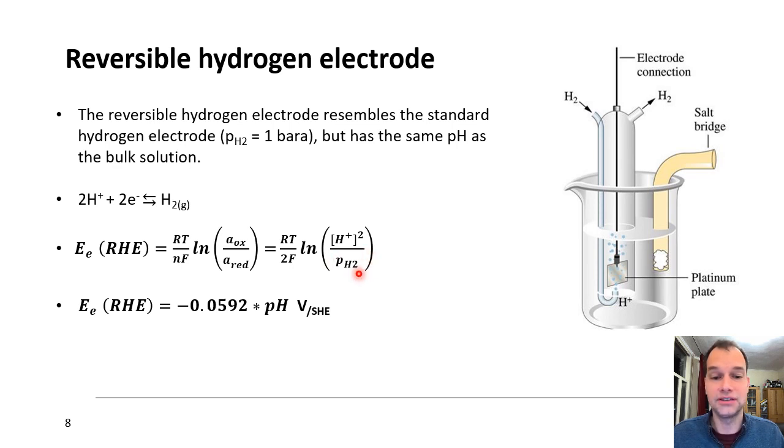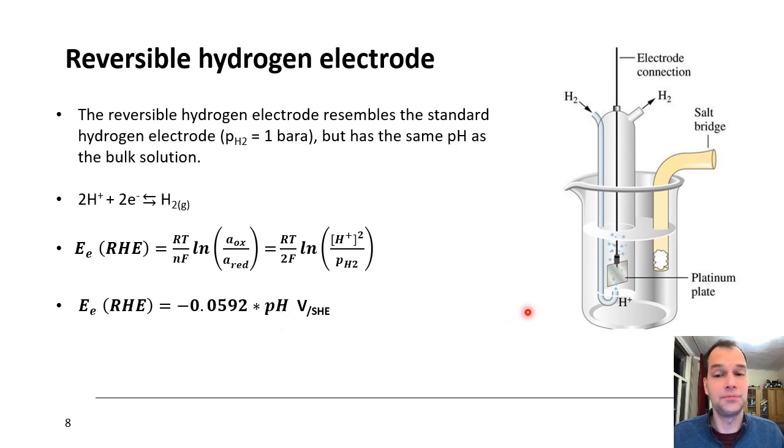So if we just say this is 1, then you're only stuck with the H plus squared. So you can take that 2 out, and the equation you end up with for the reversible hydrogen electrode is this one, minus 0.0592 multiplied by the pH. So that is the value of the reversible hydrogen electrode, which we often use in practice.